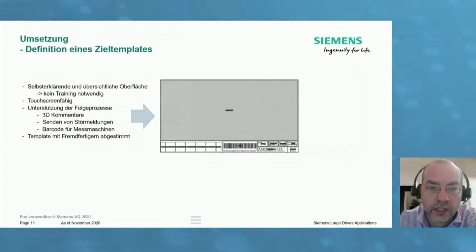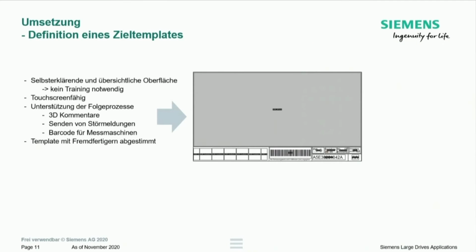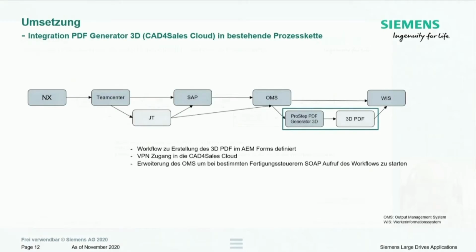We used typical buttons, and for integrating 3D comments, you have the possibility to illustrate a barcode for the measurement machines so they can be measured directly, and similar things. And we also agreed on all these things with the suppliers.